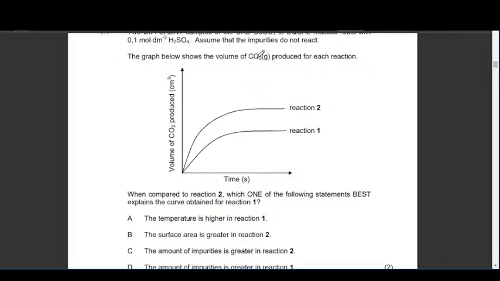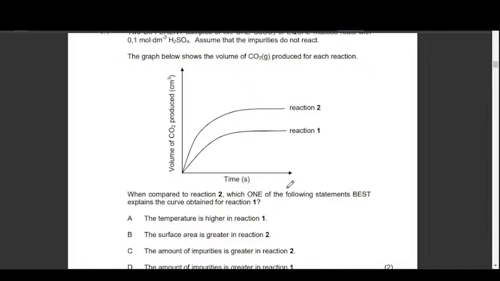The graph below shows the volume of carbon dioxide produced for each reaction. When compared to reaction 2, which one of the following statements best explains the curve obtained for reaction 1?